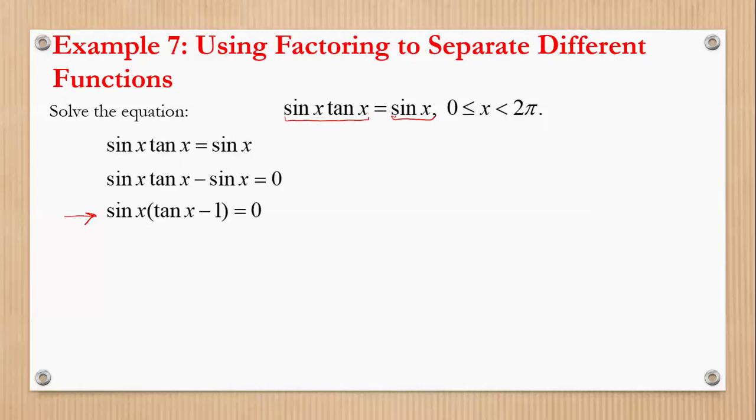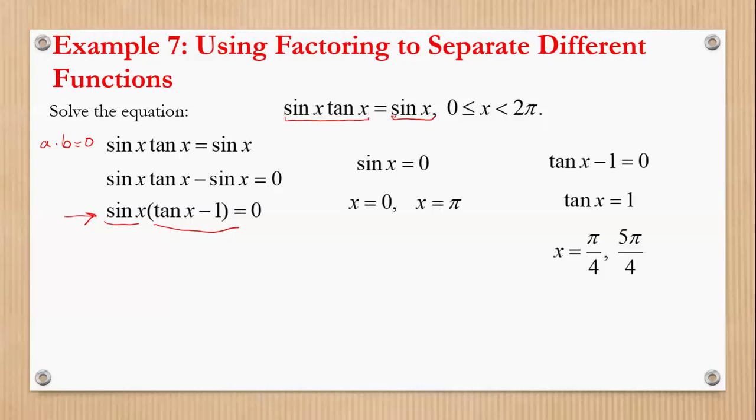And every time that two terms are multiplying together and they are equal to 0, that means each of those terms can be equal to 0 separately, because when I have a times b equal to 0, it means that one of a or b must be 0. Otherwise, we don't get 0. So we say that the sine must be equal to 0 or the parenthesis must be equal to 0. So we set each of them separately equal to 0.